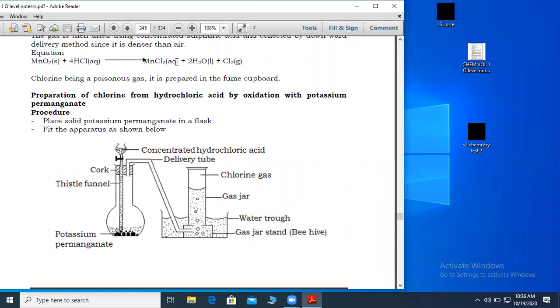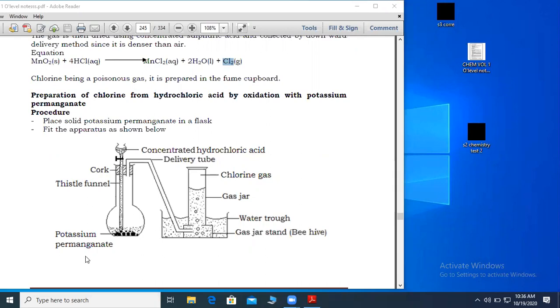Hydrochloric acid, we form manganese 2 chloride, it is here, plus water, then plus chlorine gas. There is a 4 on hydrochloric acid to balance. We first put that 4 to balance chlorine, because these are 2 and these are 2 also. So you form 2, they become 4 chlorine atoms. So you put a 4 on what? On hydrochloric acid.